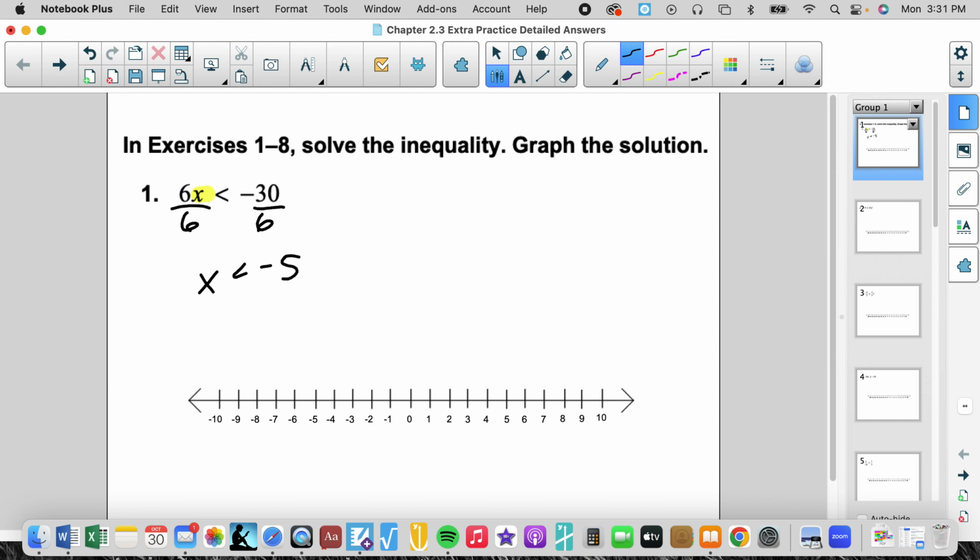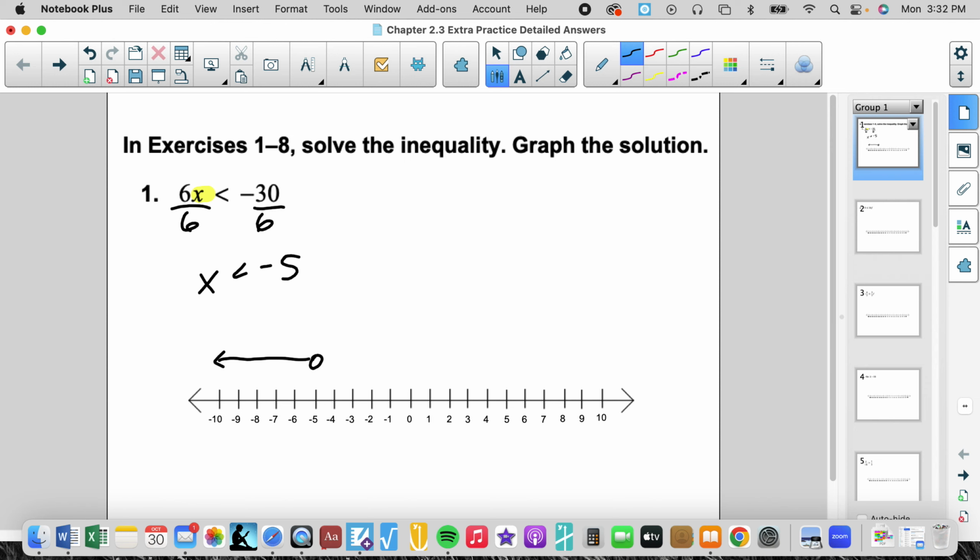There are an infinite number of solutions, so we can't write each of the solutions down. So the way that we represent all of those solutions is we graph them. We do an open circle because -5 is not a solution, but everything infinitely close to -5, like -5.1 and -5.00001, will give me a solution.